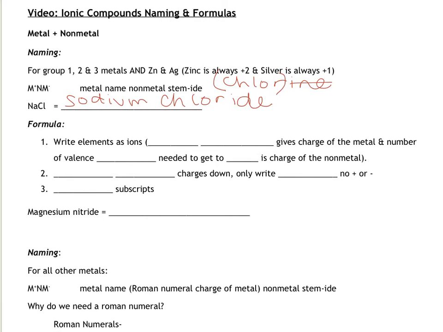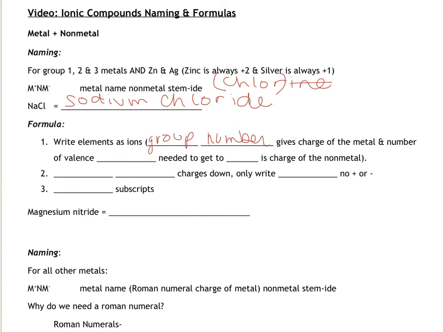If I want to go the other way and take a name and write a formula, I write my elements as ions. I look at the group number from the periodic table for groups 1, 2, and 3 only, and that gives me the charge of my metal. If I'm in group 1, I have a charge of +1, group 2, +2, group 3, +3.